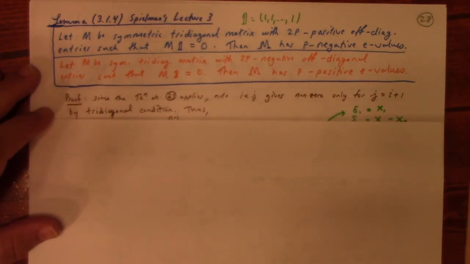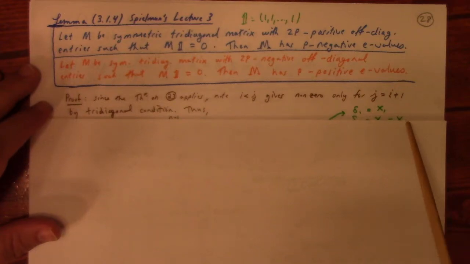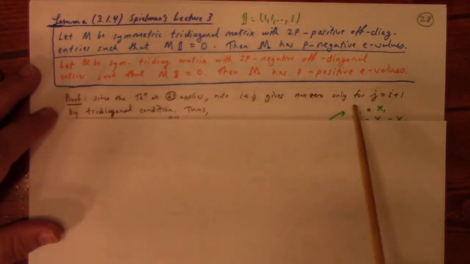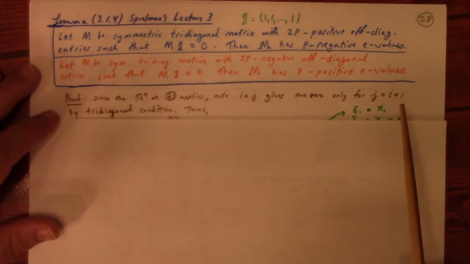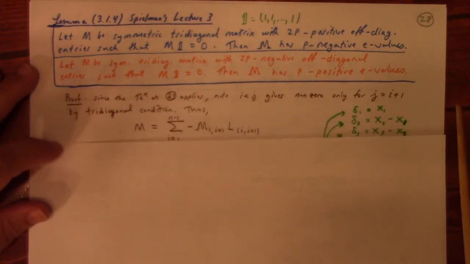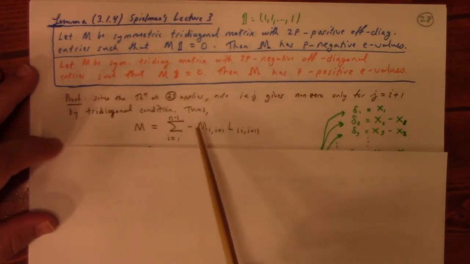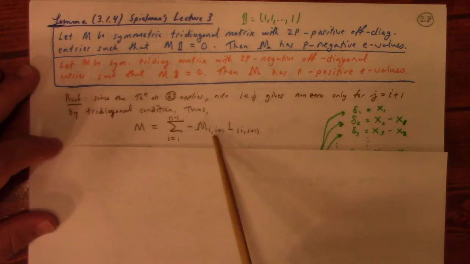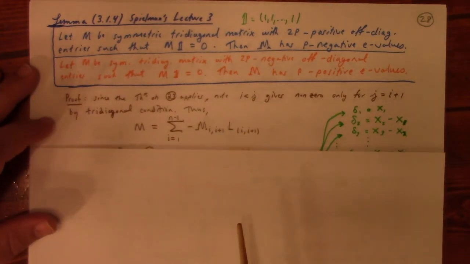Since the theorem we had from back on page 23 applies, we can notice that the condition i less than j pretty much means that j has to be i plus 1 because of the tridiagonal condition. In other words, we can write this expansion for M as the sum from i equals 1 to n minus 1 of m sub i comma i plus 1. And that's kind of neat.